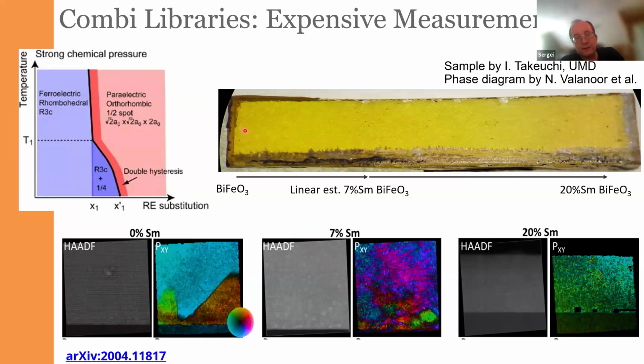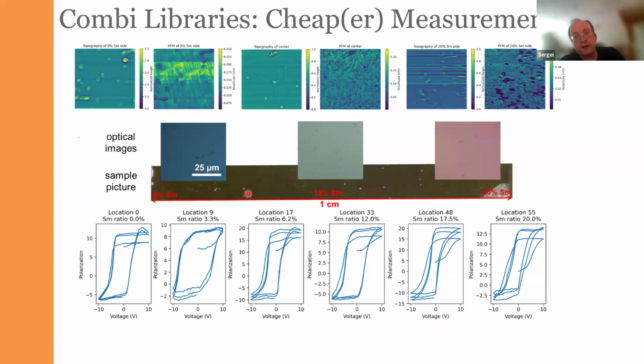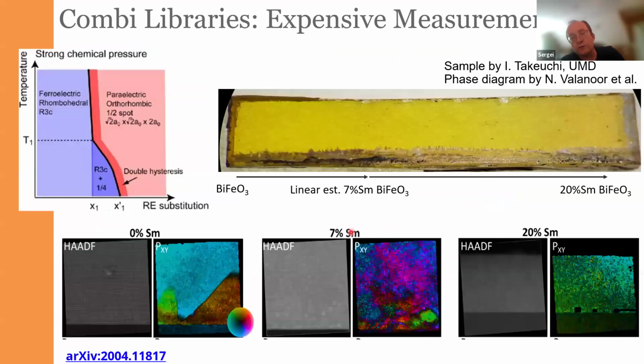It takes weeks to make the sample, image it on the microscope, and analyze the data. So the question becomes, can we use cheaper measurements, for example, when we measure topography or the piezo response properties across the combinatorial library, in order to help us select the locations for the electron microscopy measurement?